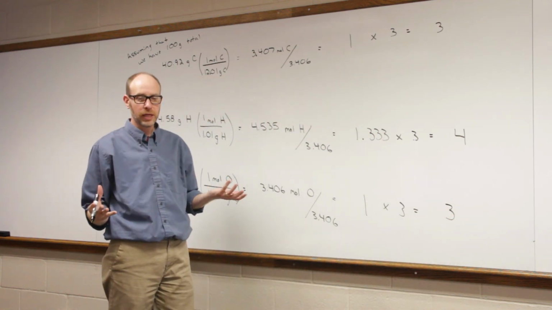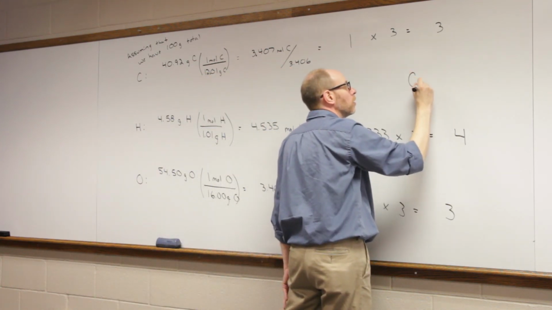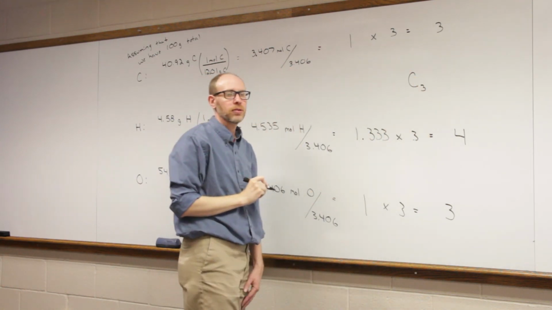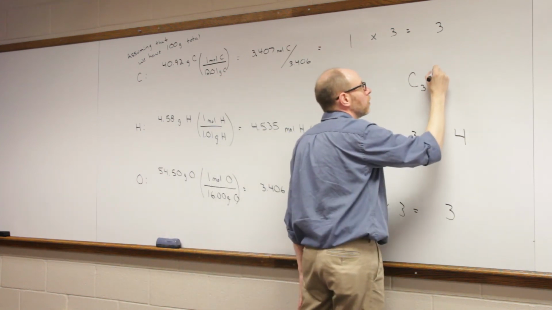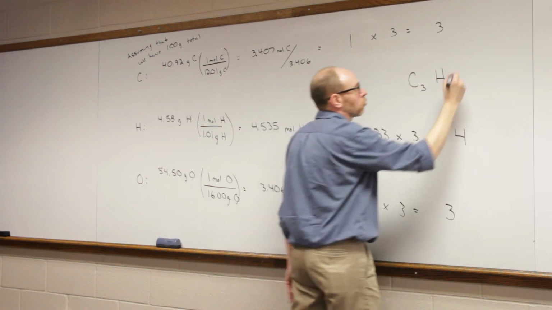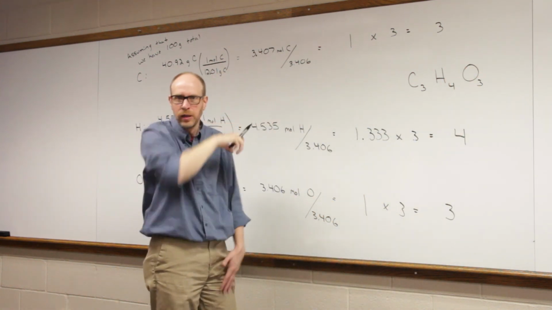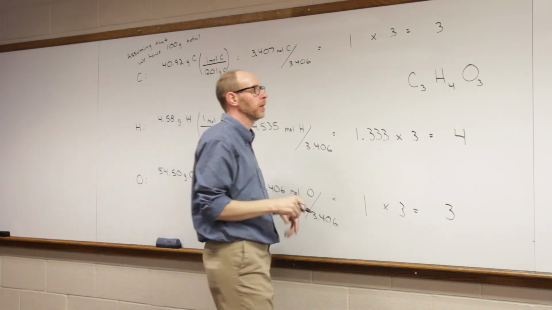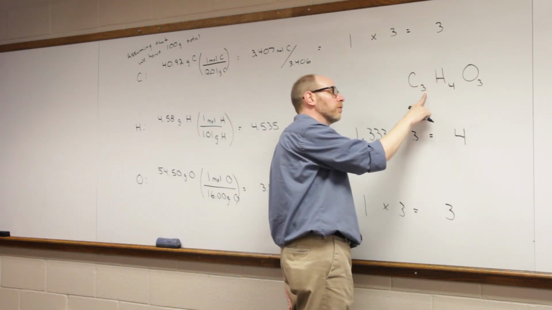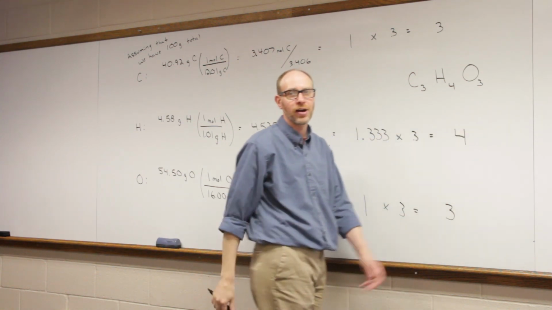So if we're looking for the empirical formula, we would have 3 carbon atoms. We would have 4 hydrogen atoms. And we would have 3 oxygen atoms. Now, another way to say this would be that we would have 3 moles of carbon atoms and 4 moles of hydrogen atoms and 3 moles of oxygen atoms.